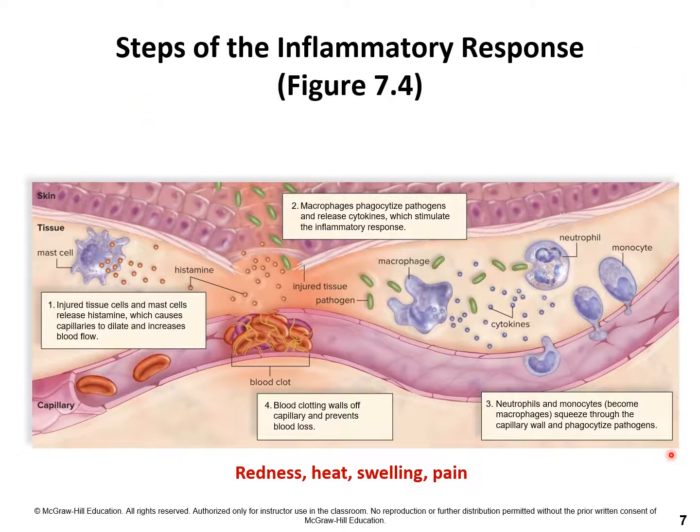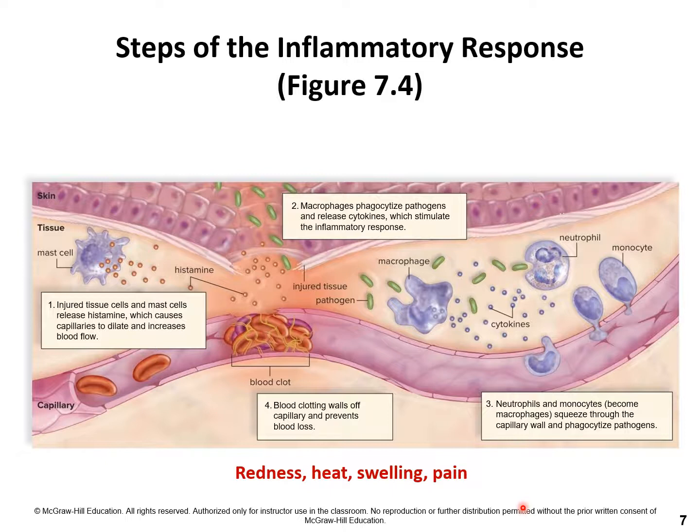The inflammatory response is well known as having redness, heat, swelling, and pain localized in a certain area when there has been some type of damage to the skin or tissue.